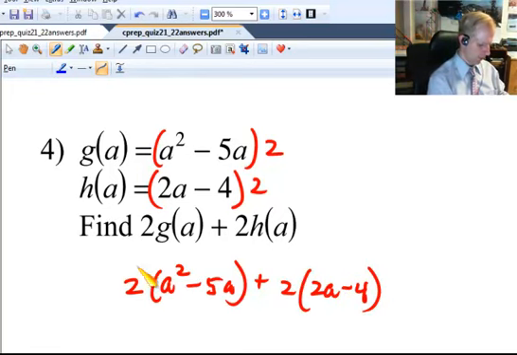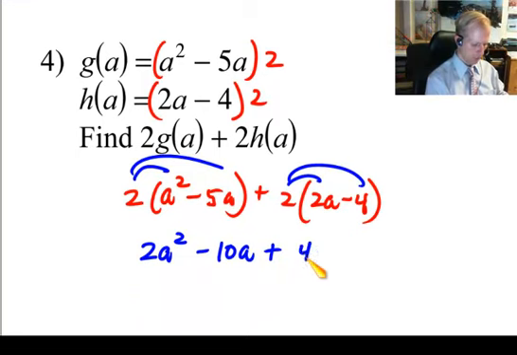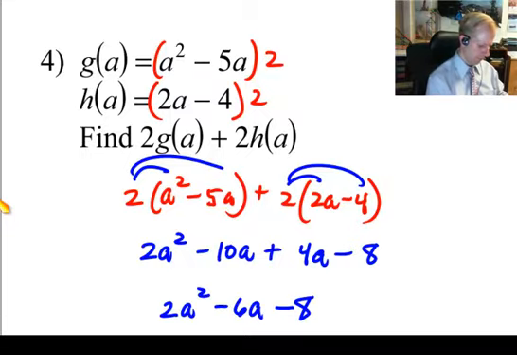So now I need to distribute and combine like terms. So I get 2a squared minus 10a plus 4a minus 8, and I can combine the middle two terms, leaving me with negative 6a minus 8.